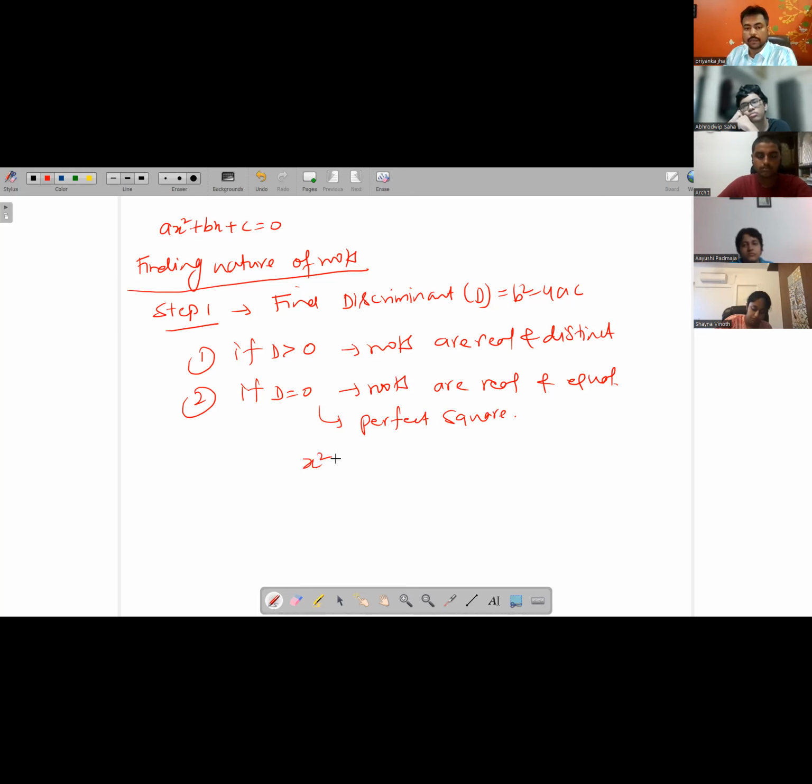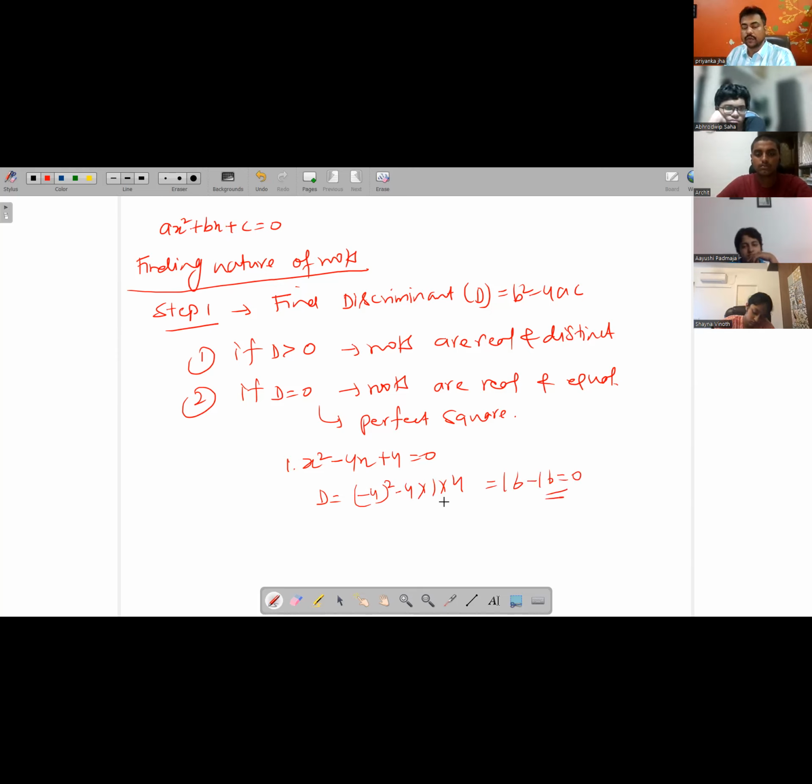You can take an example like this. This is one quadratic equation, and you can convert it into a perfect square. Why so? The discriminant is b square minus 4ac. Compare with ax square plus bx plus c: a is 1, b is minus 4, c is plus 4. So b squared minus 4ac is 16 minus 16, so D is 0.